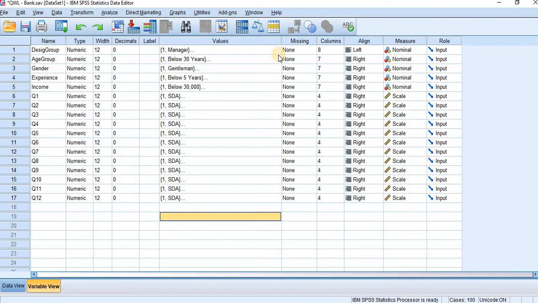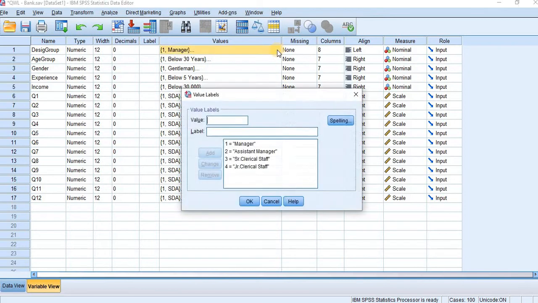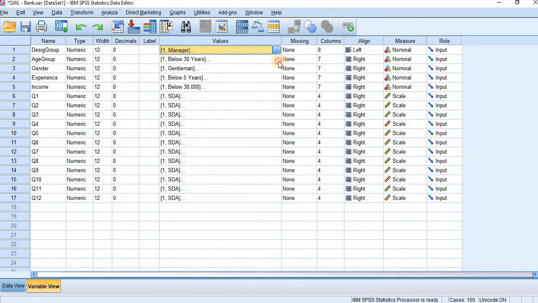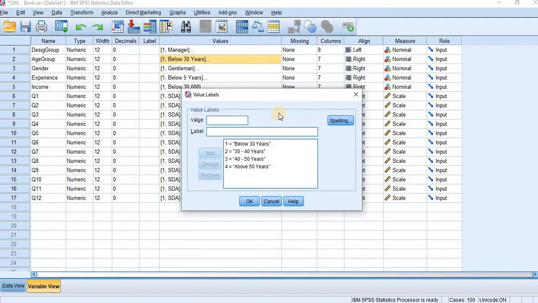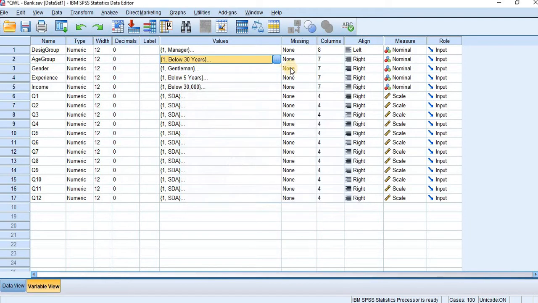There are 5 personal profile variables, that is designation: manager, assistant manager, senior clerical staff and junior clerical staff in the bank. Age group: below 30 years, between 30 and 40 years, between 40 and 50 years and above 50 years.